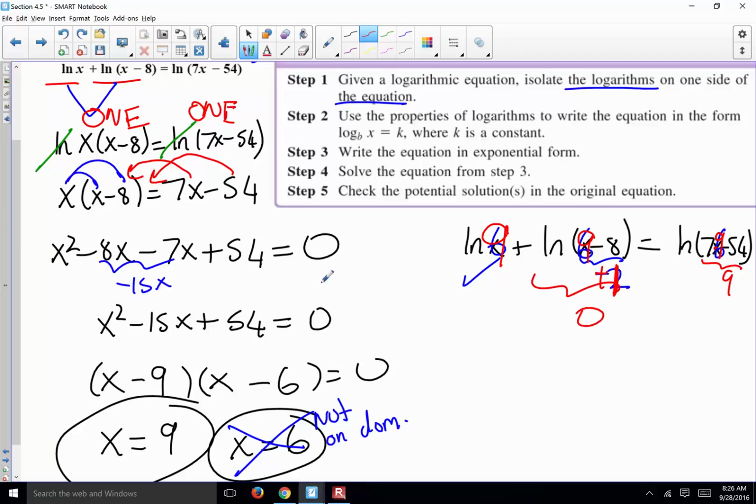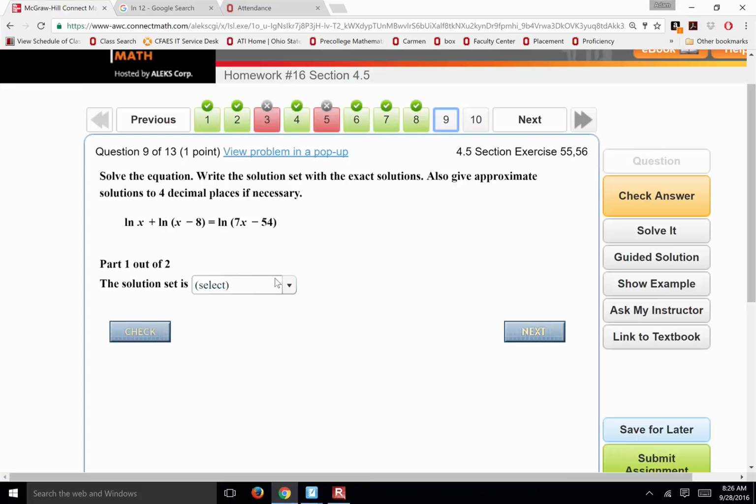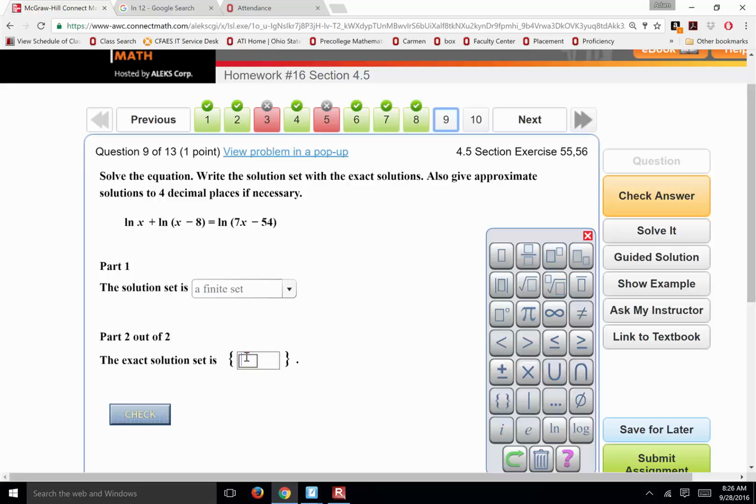So it's actually, can go all the way and show that x equal 9 verifies our statement, our solution. So the solution set is a finite set, not all real numbers, not empty set, but a finite set. We had only one. Finite means limited, and that is 9, correct?